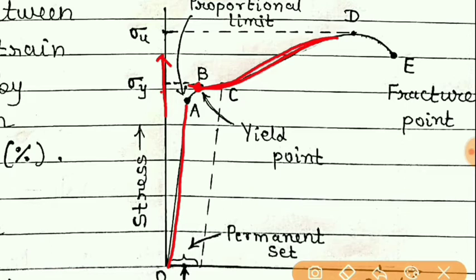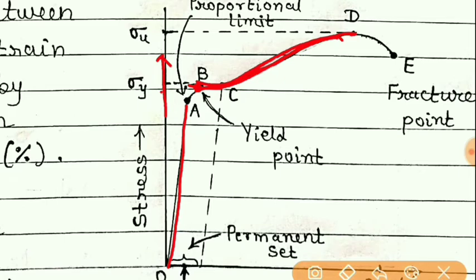But after B, you can see the graph is like this till point D. So in that case, if you increase a little mass, then also the change in length will be large. And change in length is large means strain is also large.